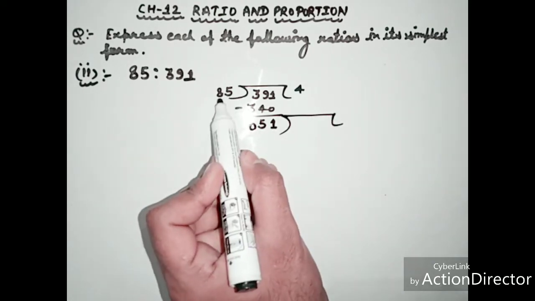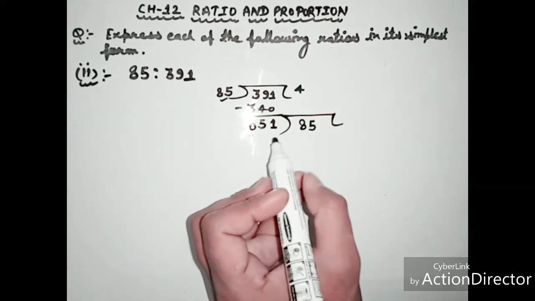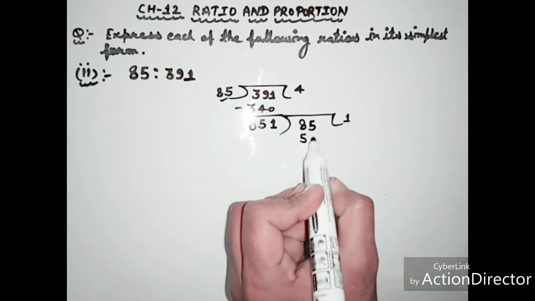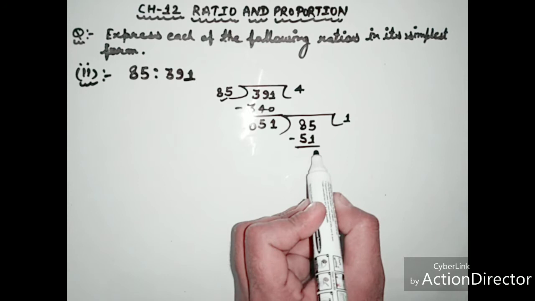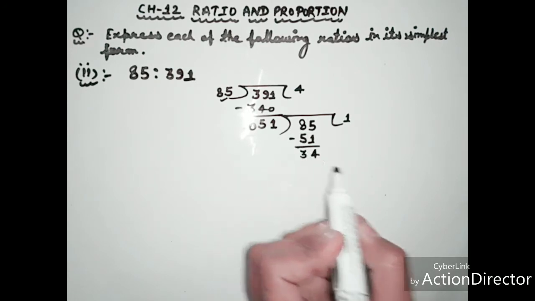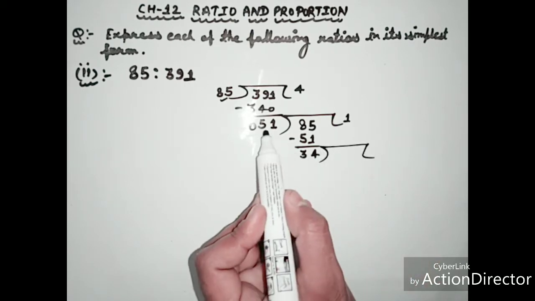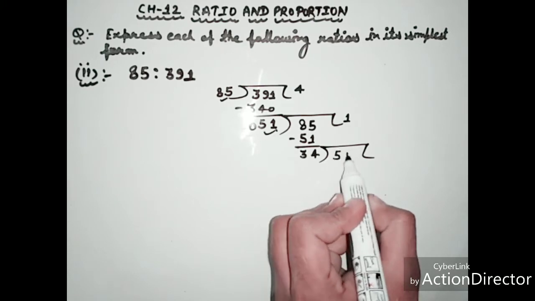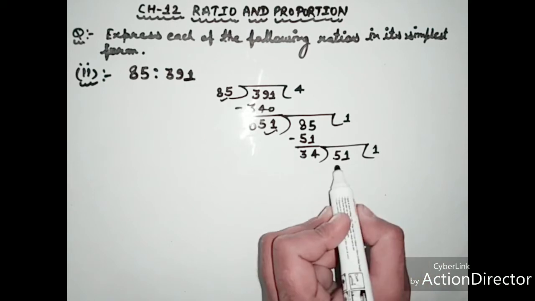Now this divisor takes place here as dividend. Now 51 ones are 51. 5 minus 1, 4 and 8 minus 5, 3, 34. Now again this divisor takes place as dividend here. 34 ones are 34.